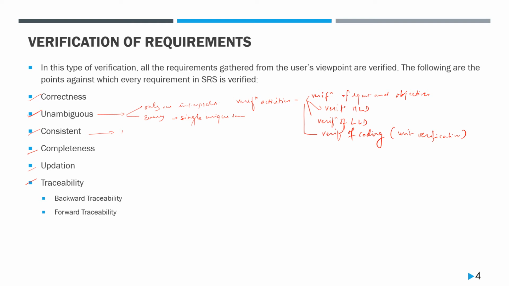Then updation. Requirement specifications are not stable. They may be modified or another requirement may be added later. Therefore, if updation is there in the SRS, then the updated specification must be verified. If a specification is a new one, then all the above mentioned steps and its feasibility should be verified.